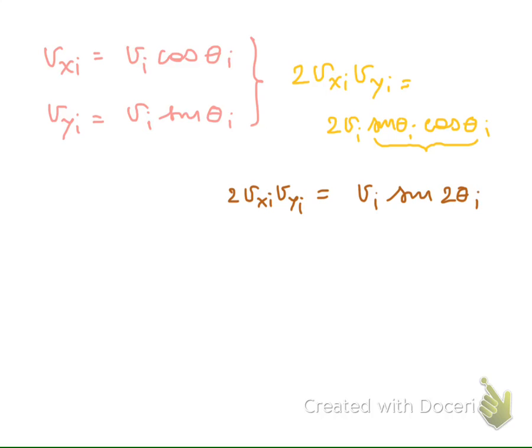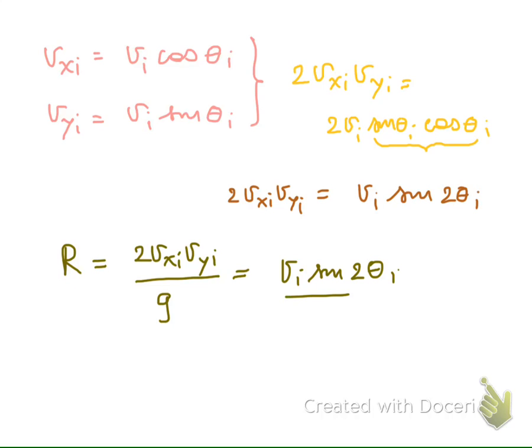Okay, so if we substitute this result back into our formula for the range of the projectile, we will have that the range is equal to 2 Vxi Vyi over g, which is equal to Vi squared sin 2 theta i over g.